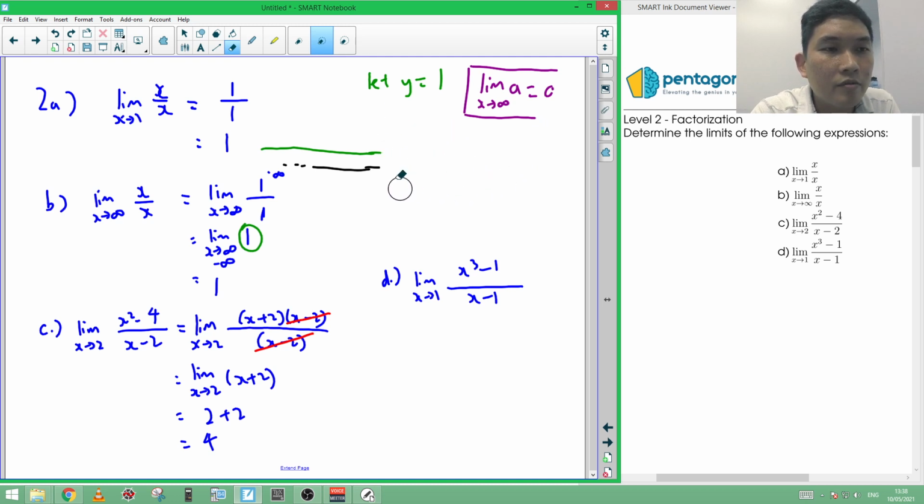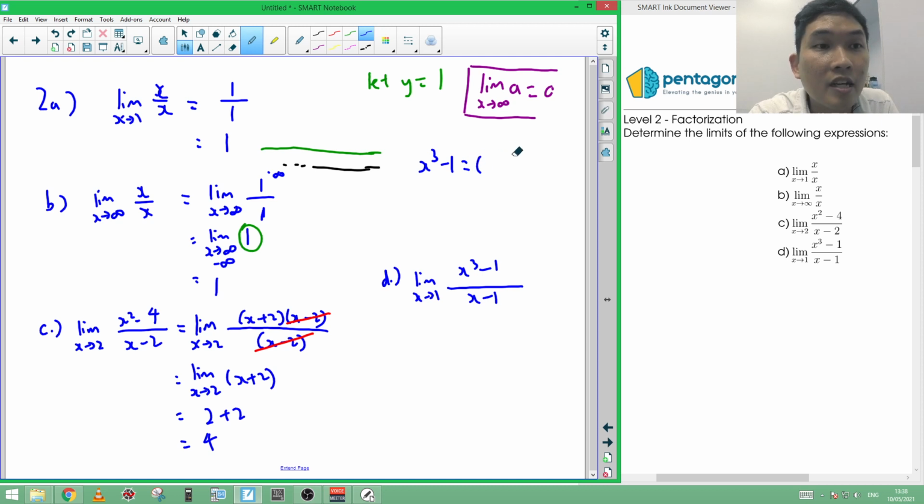We need to factorize the numerator, and you should have learned this before. How do we factorize this? Well, this is a difference of cubes, and we know it can be factorized into a linear expression followed by a quadratic expression, following the SOAP rule. SOAP tells me that the sign will be the same as the negative sign here, then opposite over here, and then always positive.